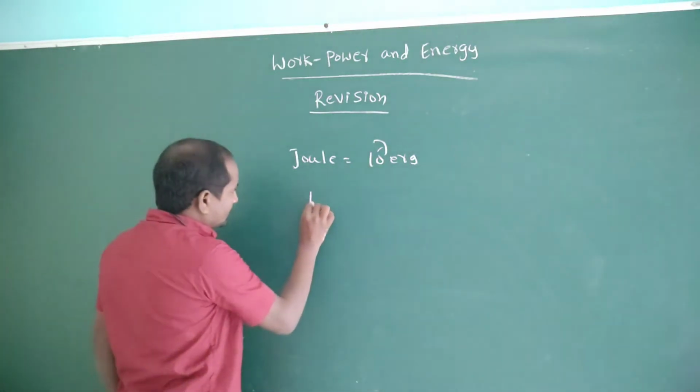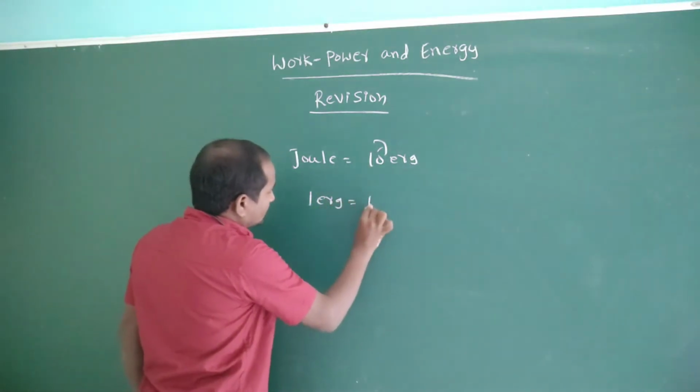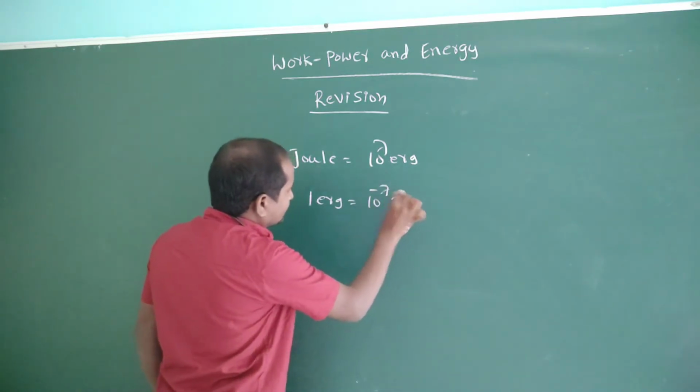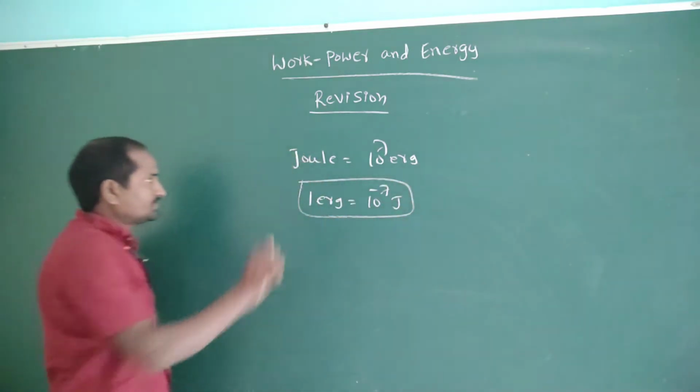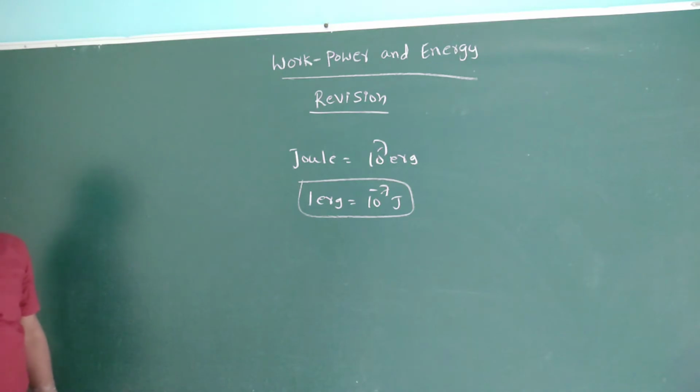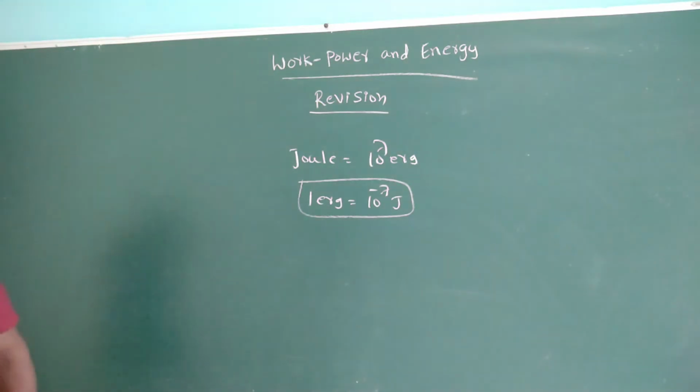At the same time, 1 erg equals 10 power minus 7 joules. Now gravitational units for the work done: kg weight meters or gram weight centimeters.